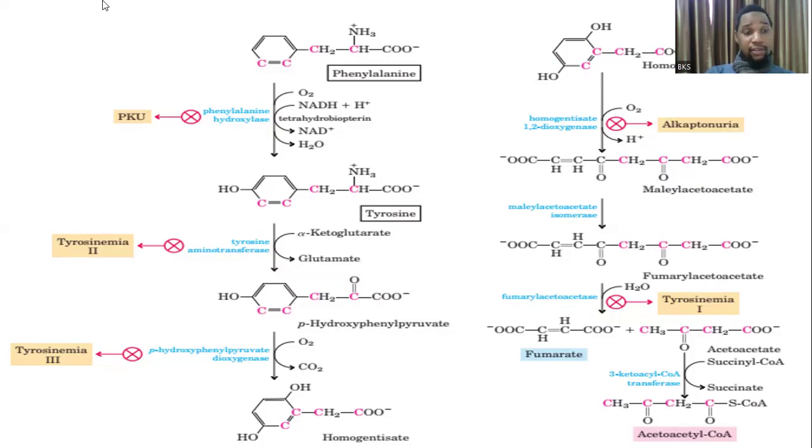So with excretion of homogentisate in the urine, once it is released out, it can easily oxidize in the presence of oxygen. Oxidation of homogentisate leads to formation of compounds, and the newly formed oxidized homogentisate can polymerize to form a polymer called alkapton. This alkapton gives a black color to the urine, so the urine will turn black.